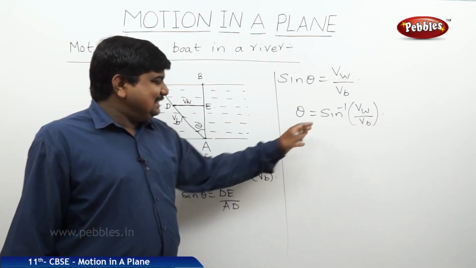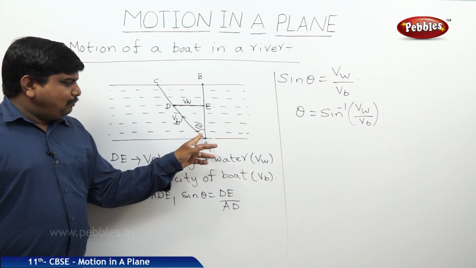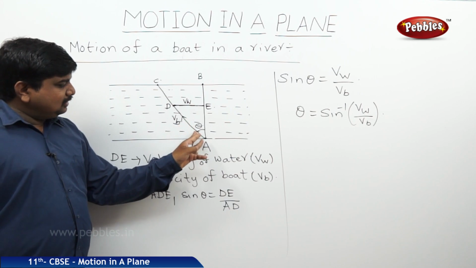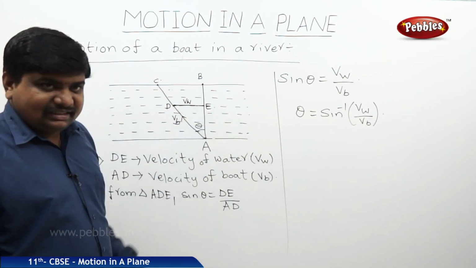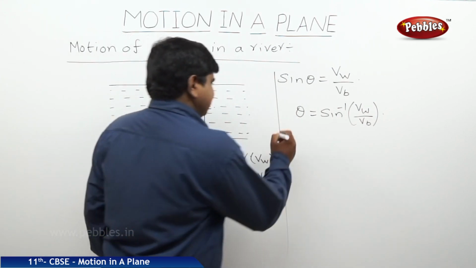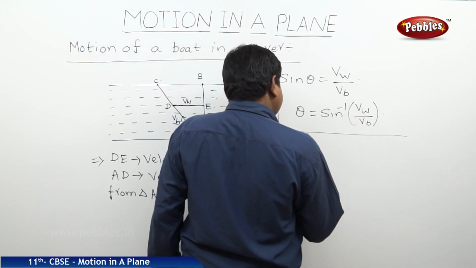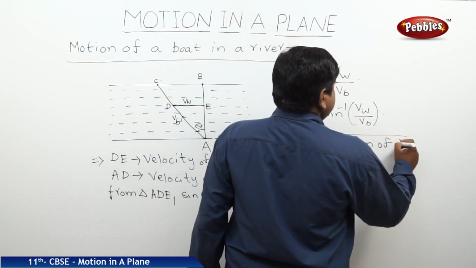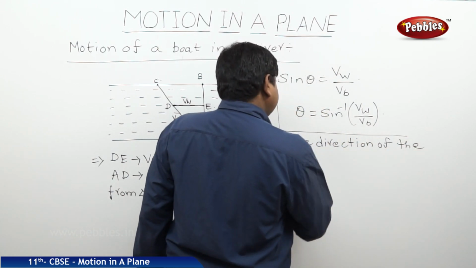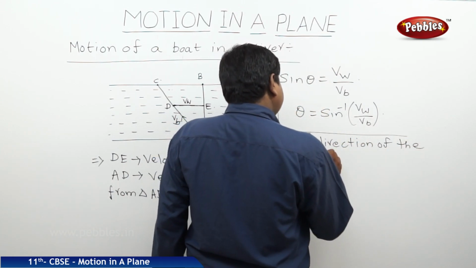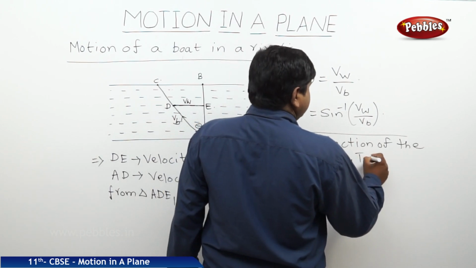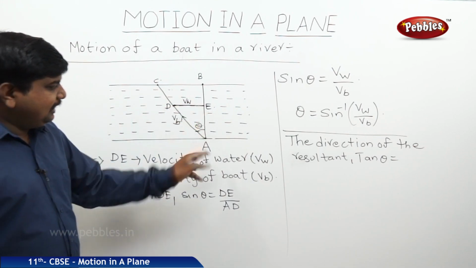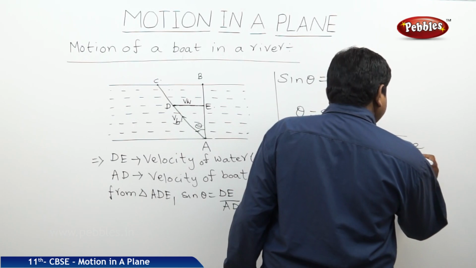So what is this one? This theta is the angle made by the observer's direction with respect to the velocity of water and the direction of velocity of boat. What is the direction of the resultant? It is tan theta, opposite side by adjacent side, DE by AE.